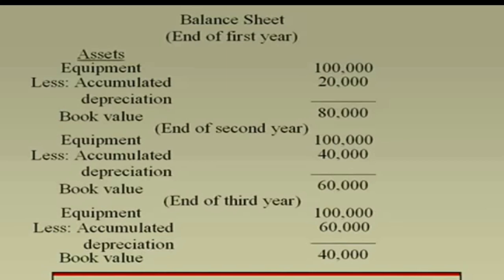The equipment is worth nothing, which means it's written off the books. It's now off the books, because in theory, it's been used up. Is that okay? Let's go on to the next concept.